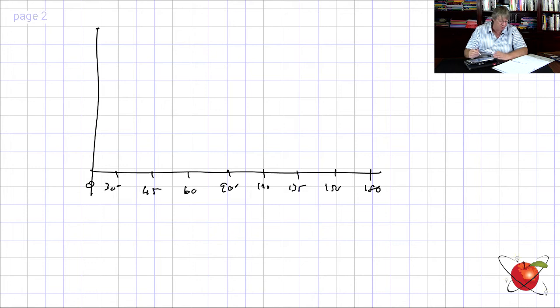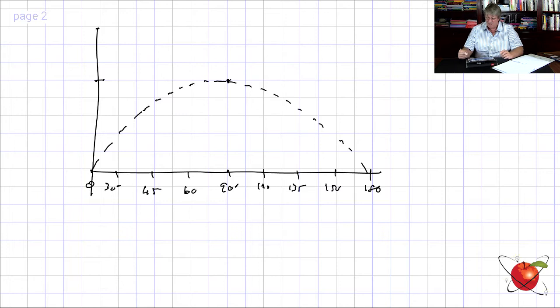If we draw the straightforward original y equals sine x, we know that at 90, we had a peak of 1, and our graph went like so. That is y is equal to sine x.